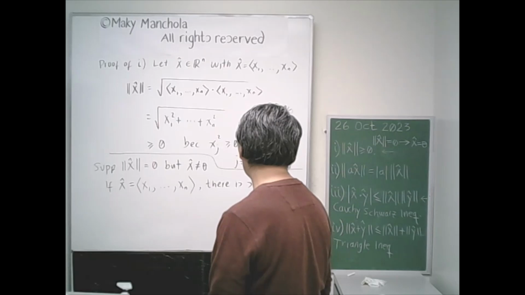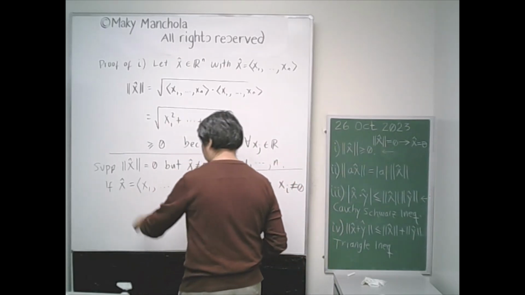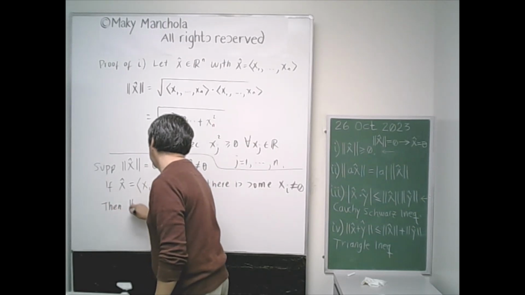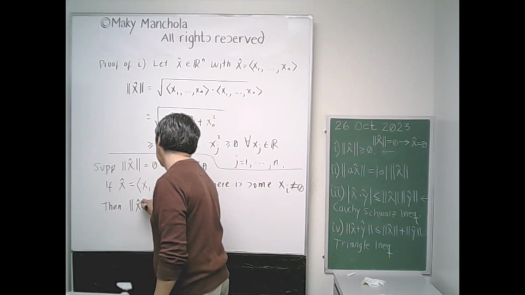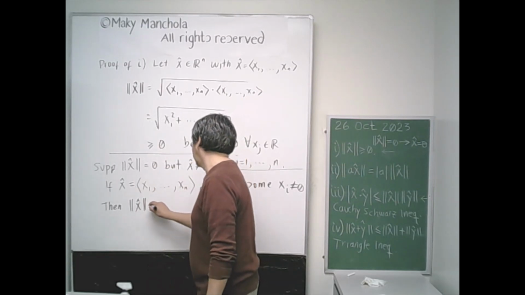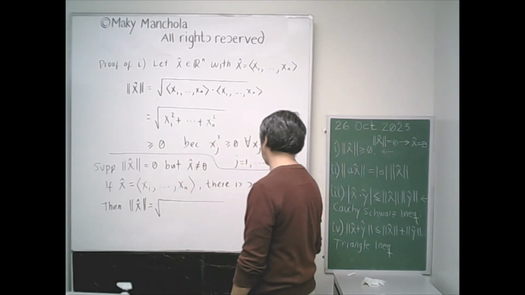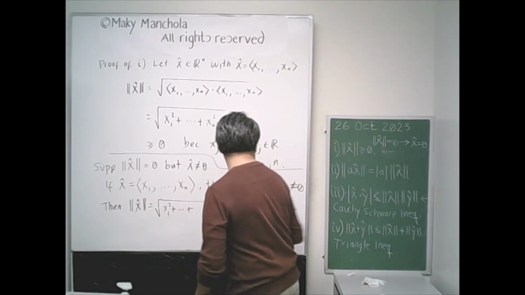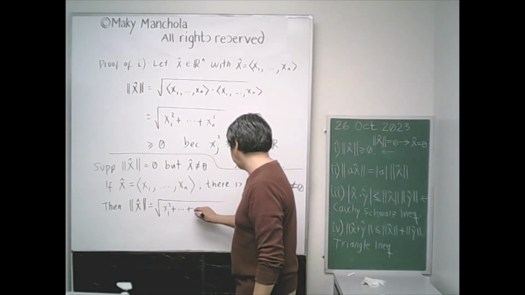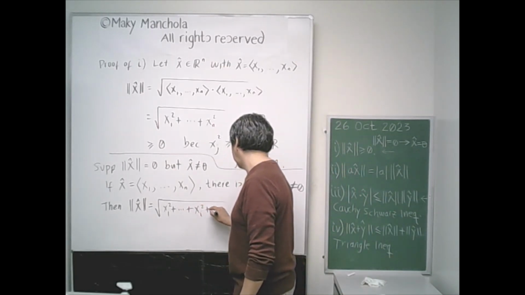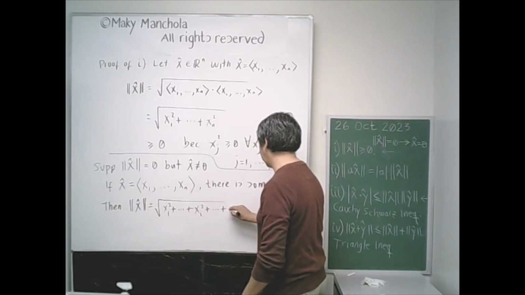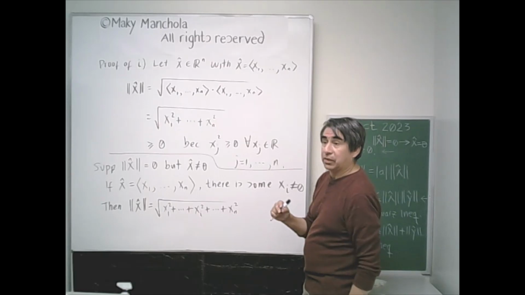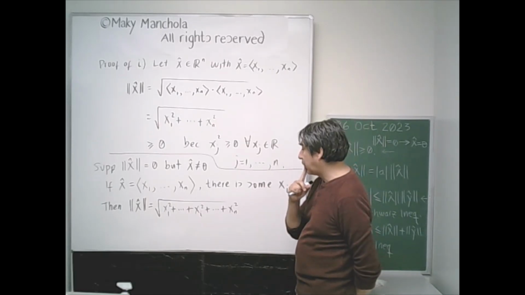So then what happens when you find the norm of x? The norm of x hat will be the square root of x1 squared plus dot dot dot plus xi squared plus and so on plus xn squared. Remember we're taking xi to be different than 0.